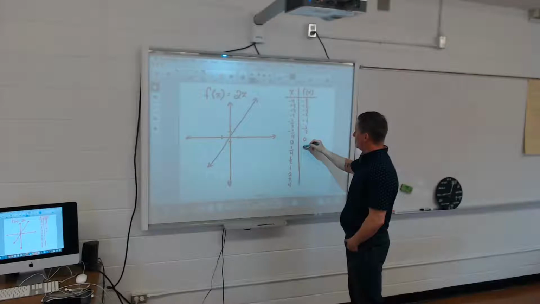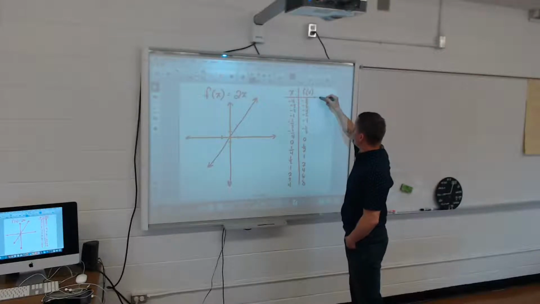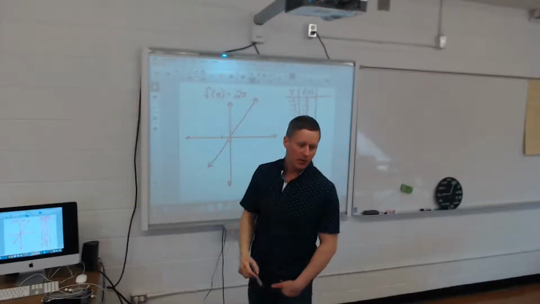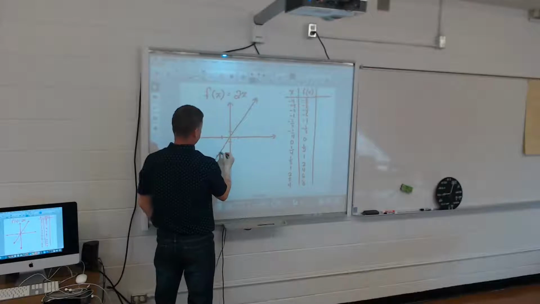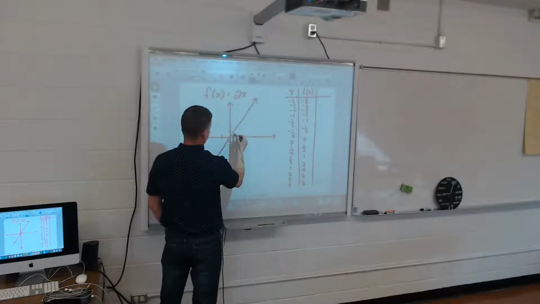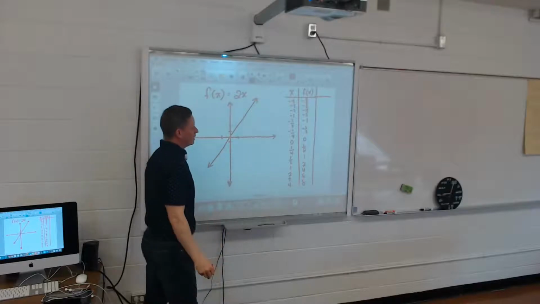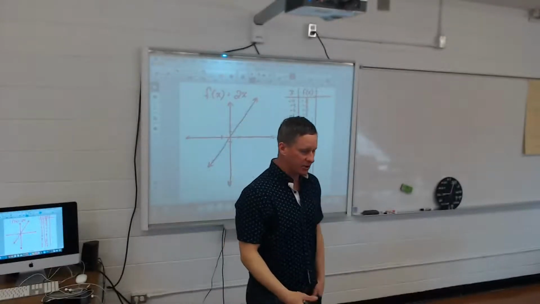That's going to be 1/2 again. That's going to be 1, 2, 4, 6, and 8. Okay. So there are all the coordinates along this graph then. So all those values are on that line as they should be.